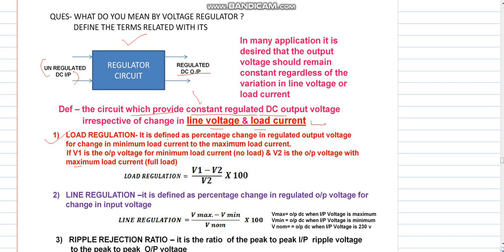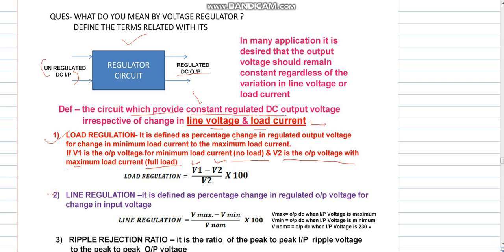If V1 is the output voltage for the minimum load current, that is the no load condition, and V2 is the output voltage for the maximum load current, that is the full load condition, then load regulation is calculated as (V1 minus V2) upon V2 multiplied by 100. That is the formula for load regulation.